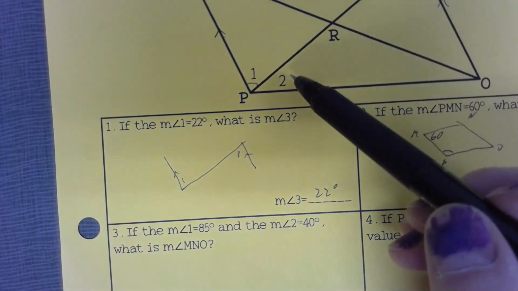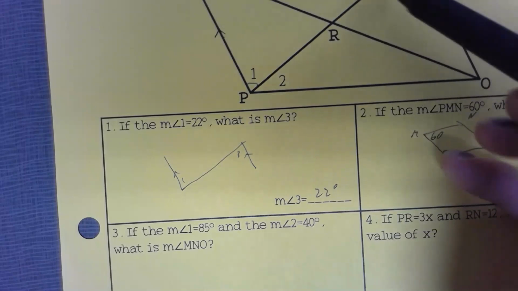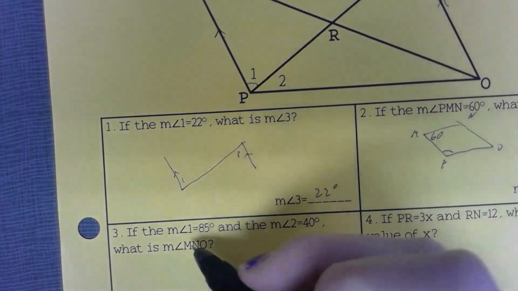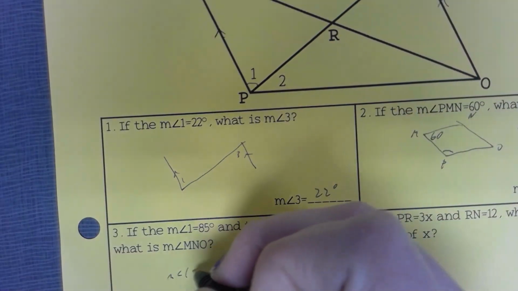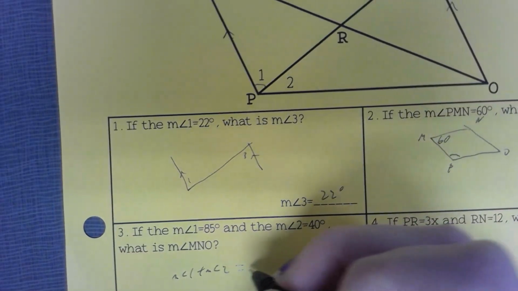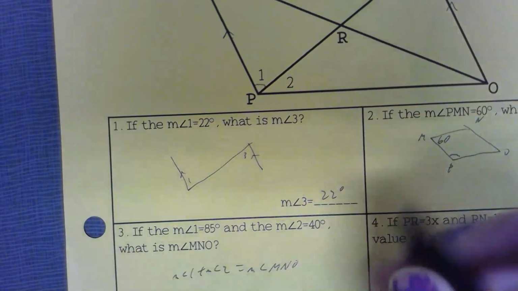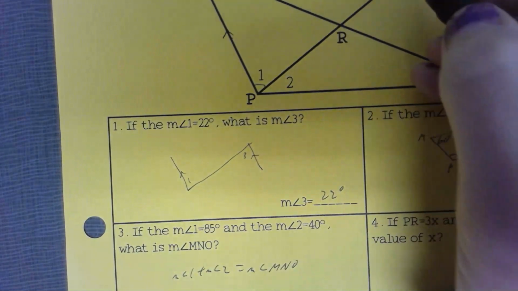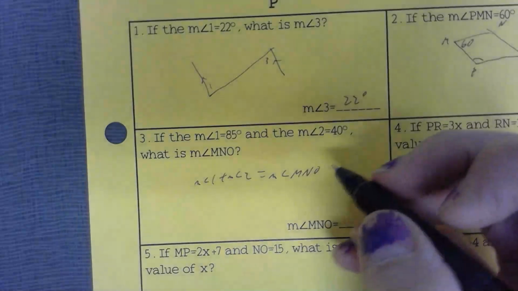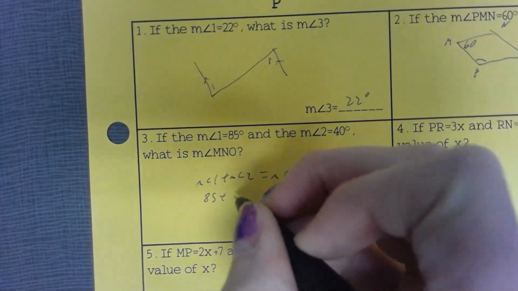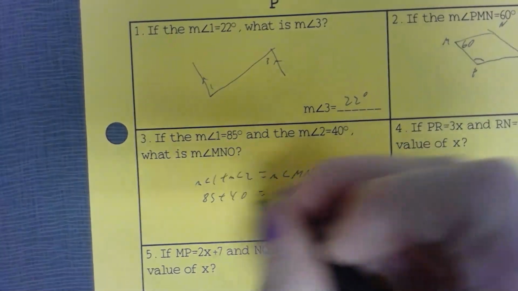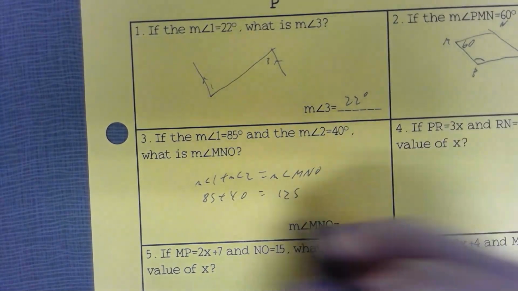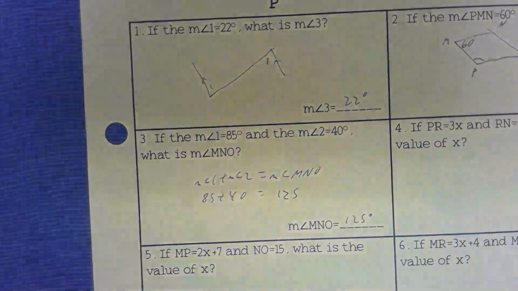If angle 2 is 40, then 4 is 40. So those two put together are going to be the angle of MNO. So the measure of angle 1 plus the measure of angle 2 equals the measure of angle MNO. The opposite angles are the same in parallelograms. So 85 plus 40 is 125. So 125 degrees.